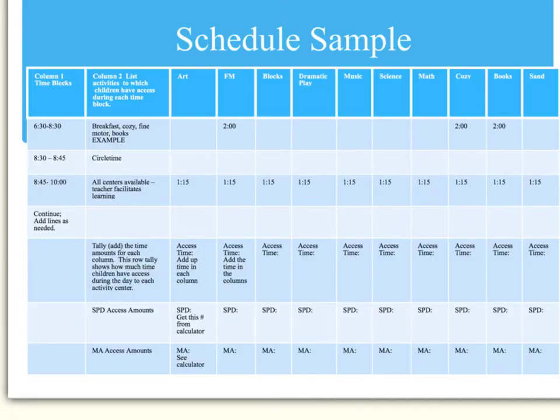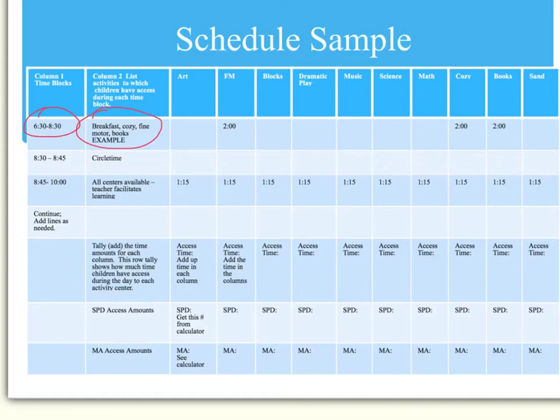So here's a schedule sample. So hopefully this will kind of bring things a little bit clearer for you. So if you look, you see that we have an arrival time, and it's a staggered arrival time from 6:30 until 8:30. And so column 2 is telling me that during this time, children are having breakfast, and they are also able to go into the Cozy Center, the Fine Motor Center, and the Book Center.